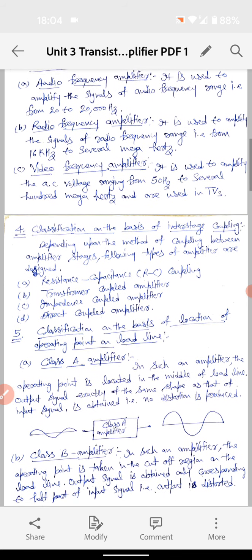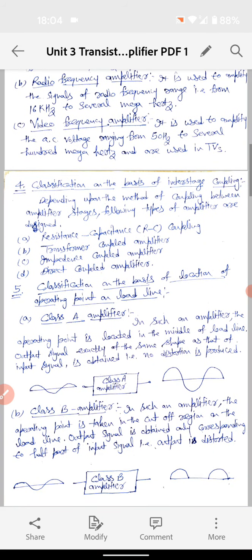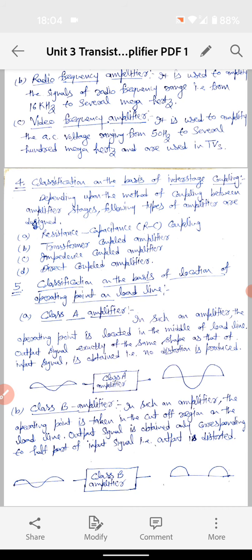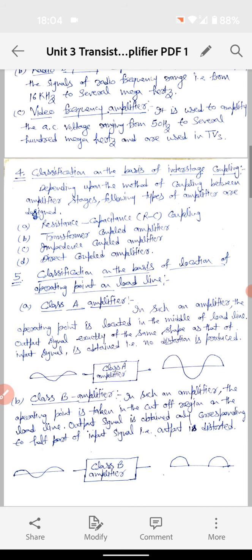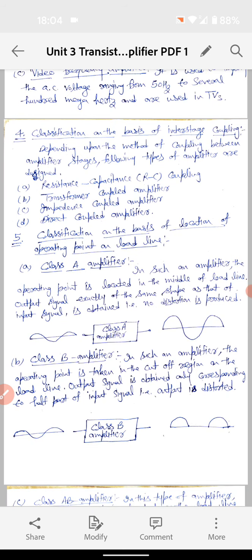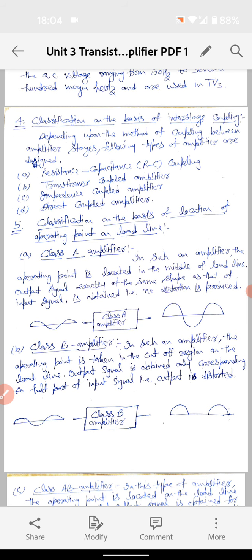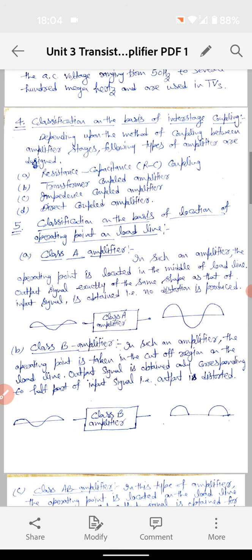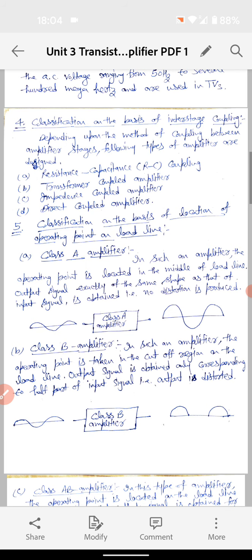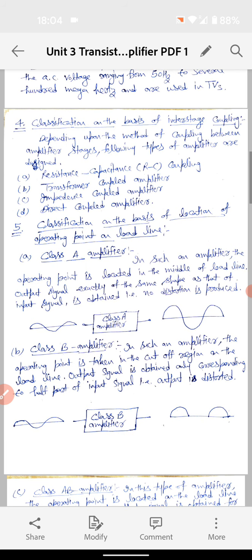Then, last but not the least, the classification is on the basis of the location of the operating point on the load line. I hope by this time you understand this terminology, what is operating point and what is load line, because we have already done the second unit on the characteristics of the transistor. There we plot a straight line on the transistor characteristics.